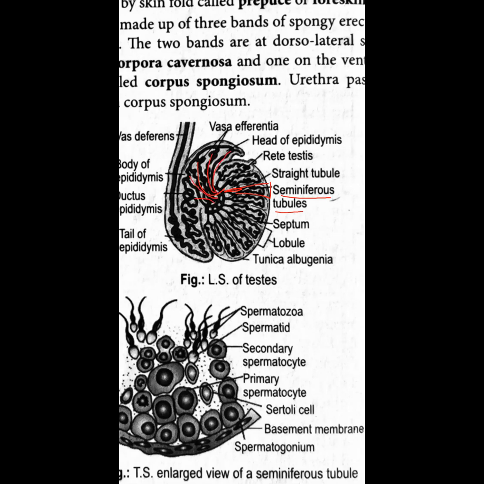Can you see here? This long tube which I am marking with blue color is called the epididymis. Okay, I should not be marking this. Wait a second. Yeah, this is the long tube. Can you see here? This is the epididymis.